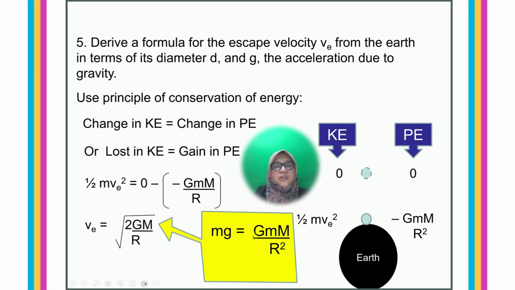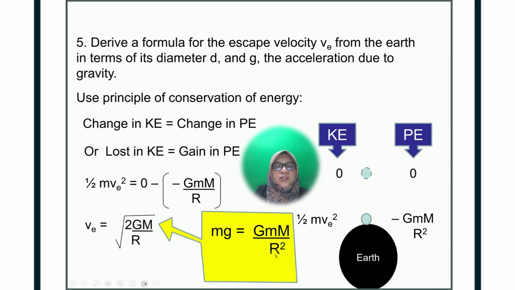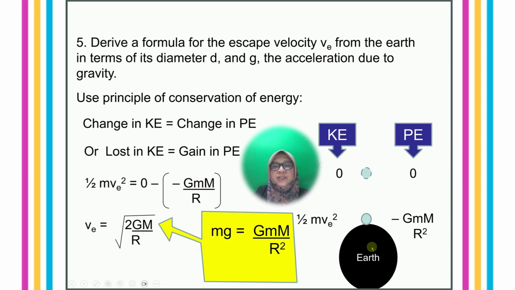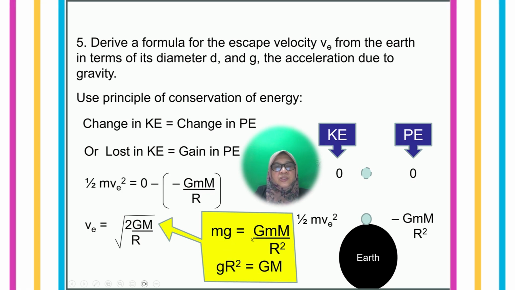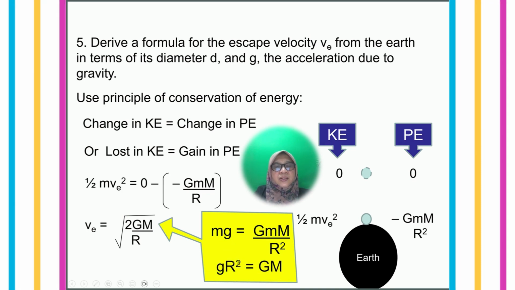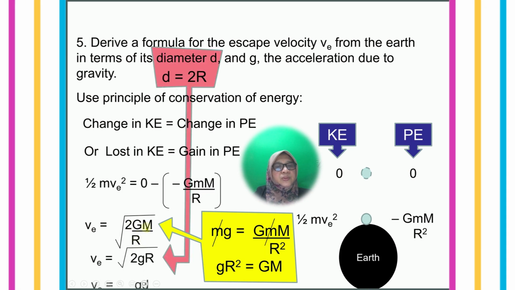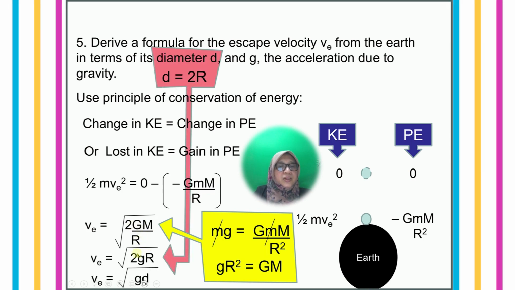Okay, mg equals GMm over r squared. So this r is the radius of the Earth because it is on the surface. So we can cross multiply and cancel m, the mass of the object here, so gr squared equals GM, and we can substitute the GM here with gr squared.